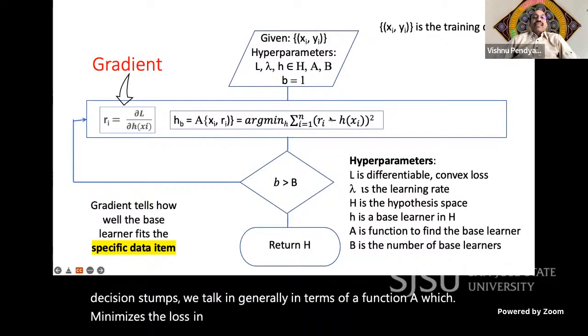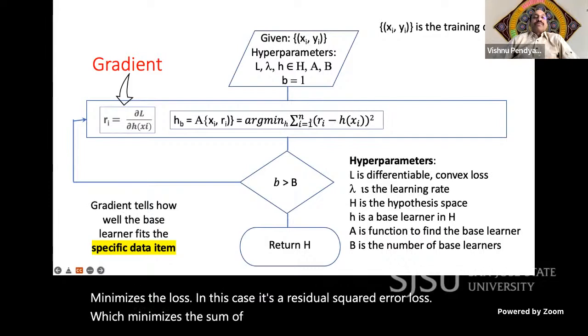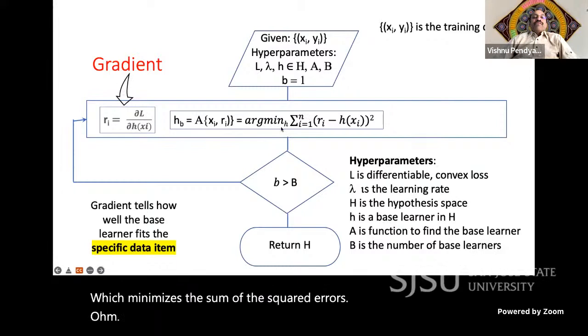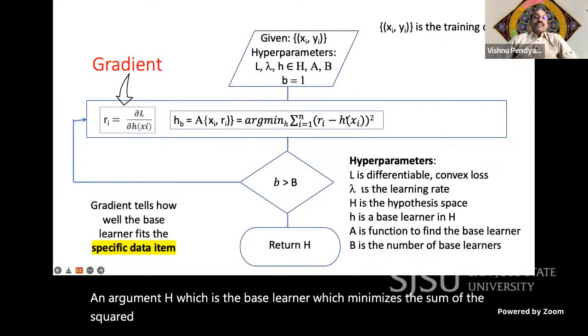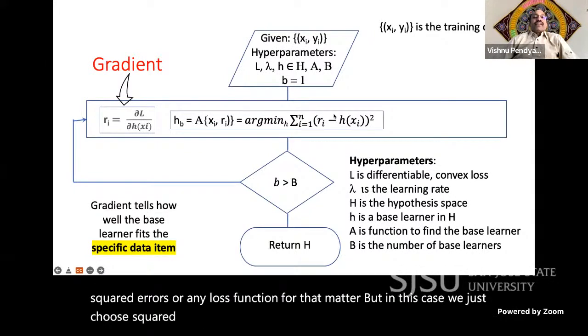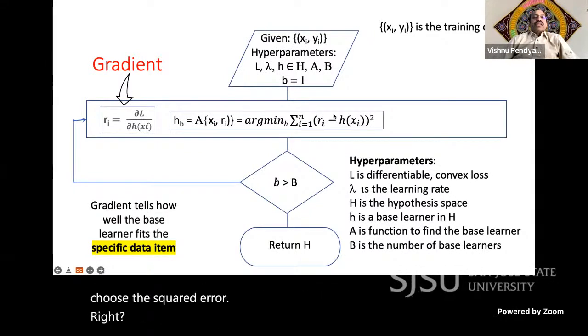In this case, it's the squared error loss, which minimizes the sum of the squared errors for an argument h. So in each iteration, we find an argument h, the base learner, which minimizes the sum of the squared errors, or any loss function for that matter. But in this case, we just chose the squared error, right? So that's the idea behind it.